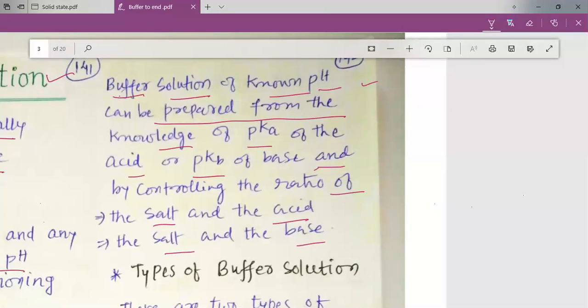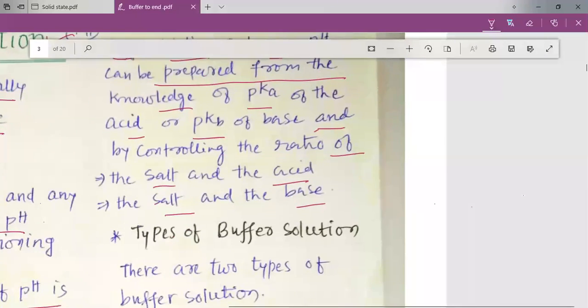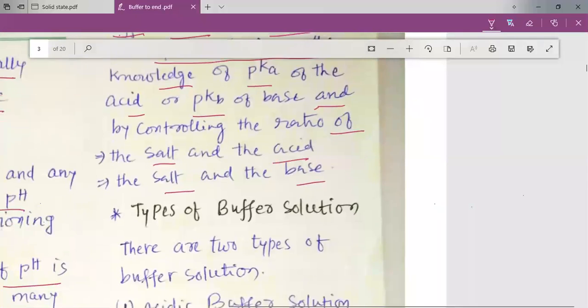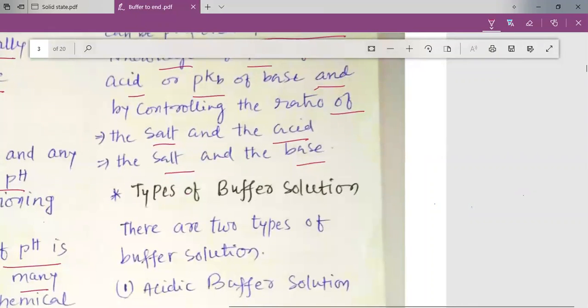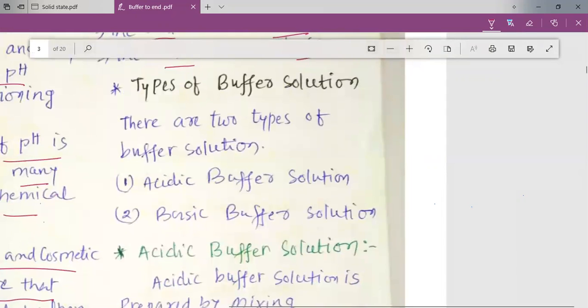We can prepare a buffer of our own choice. So we can even determine the pH of the buffer, maintain its pH, and create a buffer of our own desire or wish. Now let's move on and understand the two types of buffer solutions.